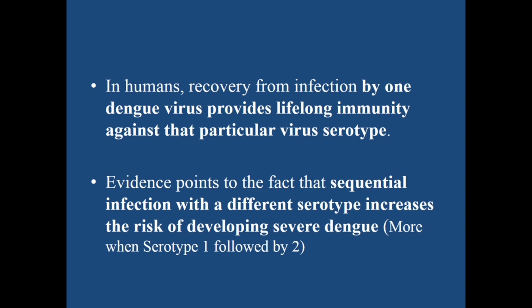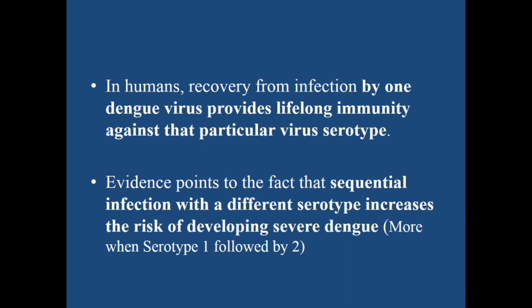So what is meant by this slide is that in case a person has got infection with a serotype, let's say serotype 1, then that person is immune to infection by this particular serotype. The person will develop antibodies against serotype 1, so the person will not suffer from infection by this particular serotype again.